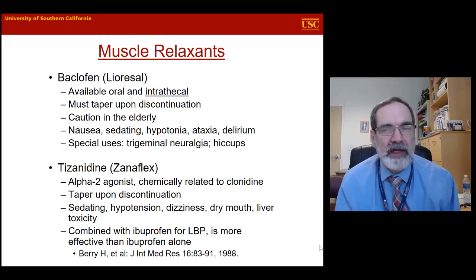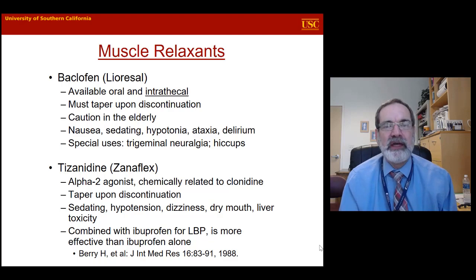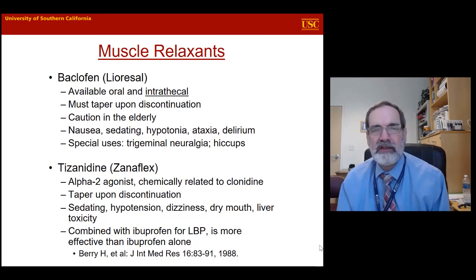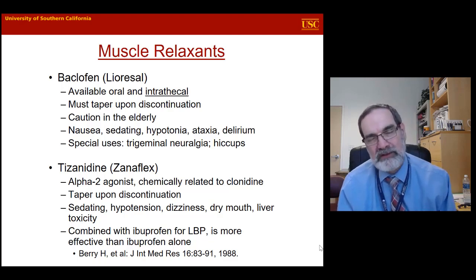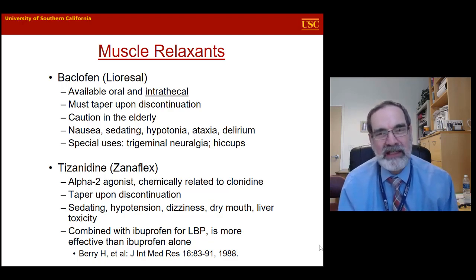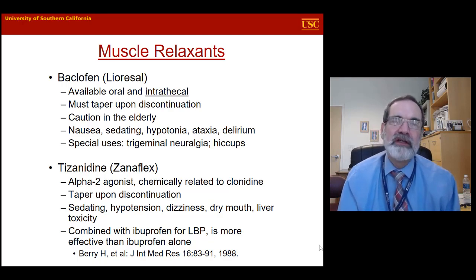Even oral baclofen, especially in elderly patients, can cause delirium. Outside of muscle spasm, it has a couple of special uses. One is that it is a first-line treatment for trigeminal neuralgia, typically combined with other drugs. And again, because this is a muscle spasm, chronic hiccups sometimes respond to treatment with baclofen.